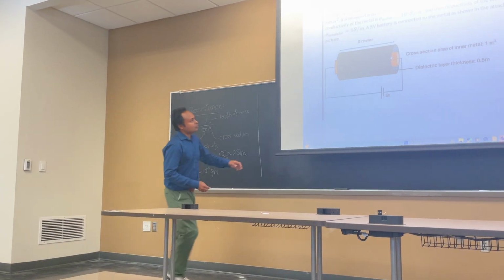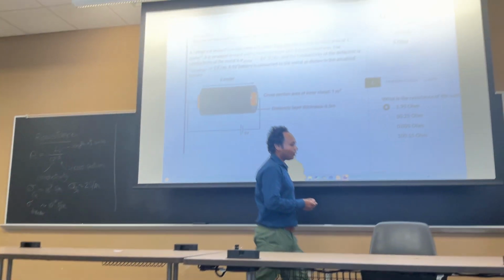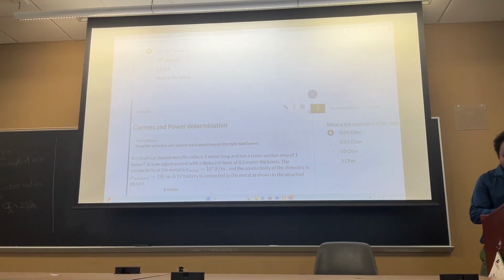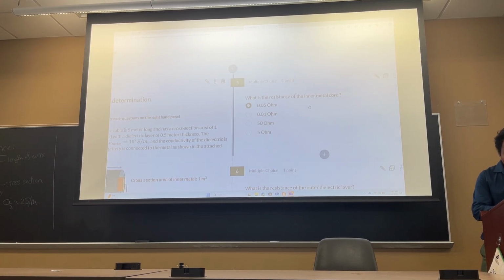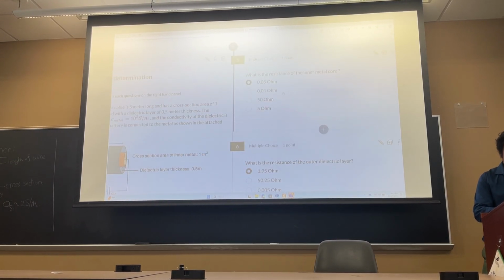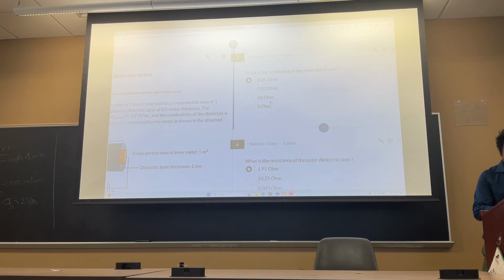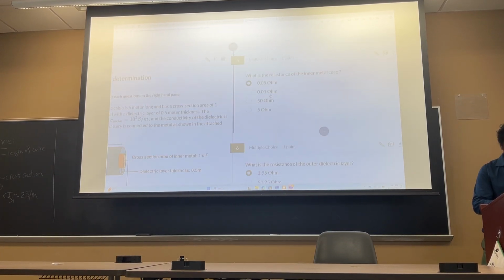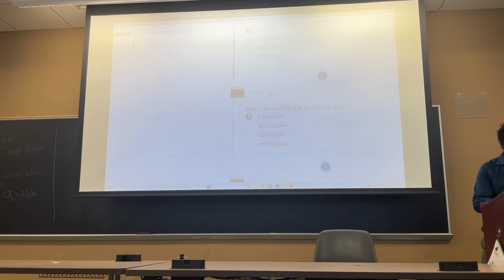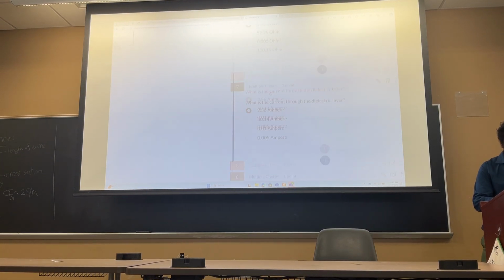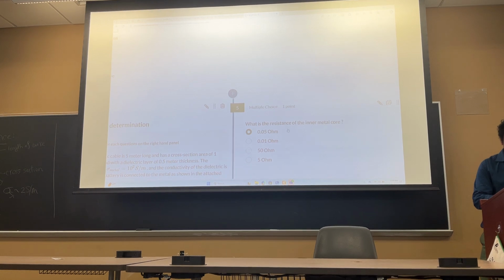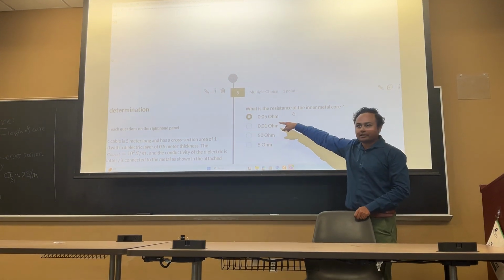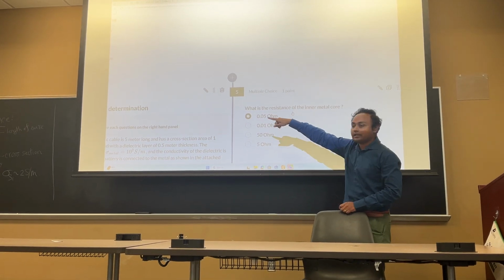So whenever you try to find out the resistance of the copper, you found out the resistance of the copper at the very beginning, right? So from there, you try to make a guess what could be the resistance of the dielectric inside.